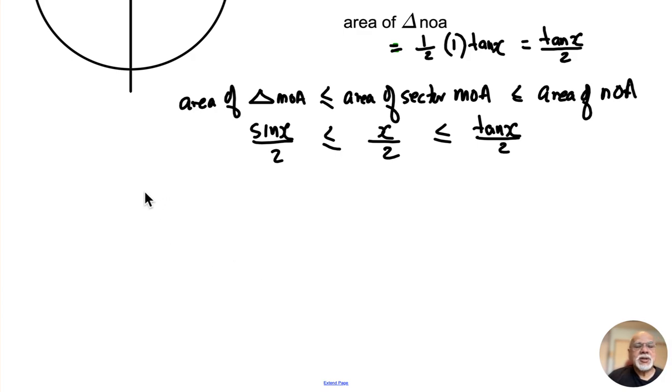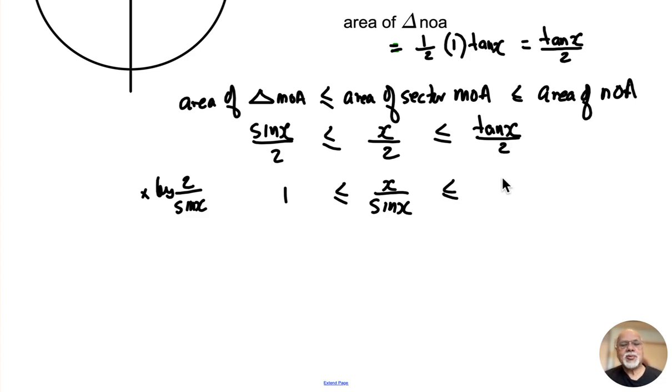Now, if we were to multiply each of those entities by 2 over sine x, this turns into 1, which would be less than or equal to x over sine x, less than or equal to 1 over cos x.